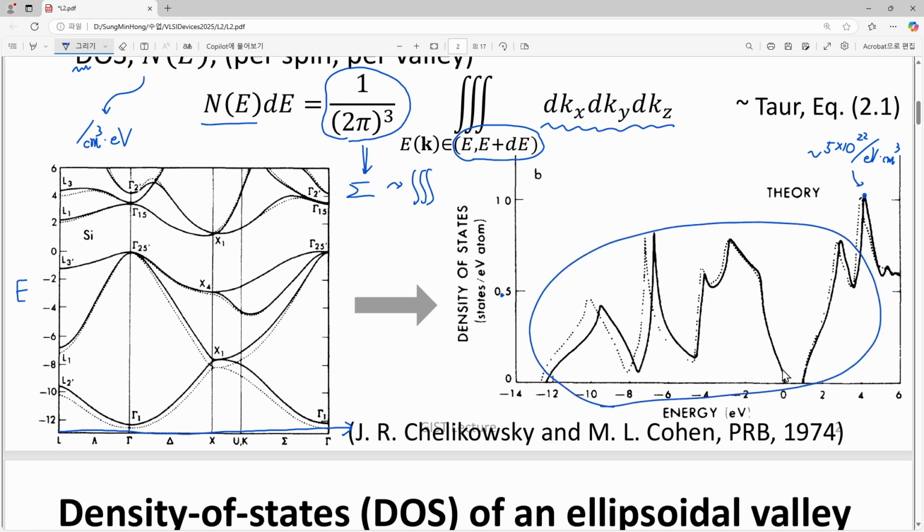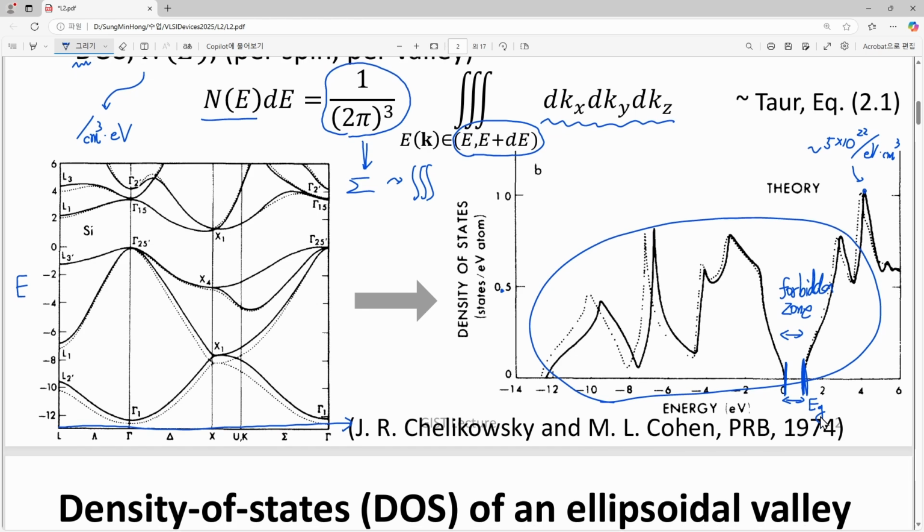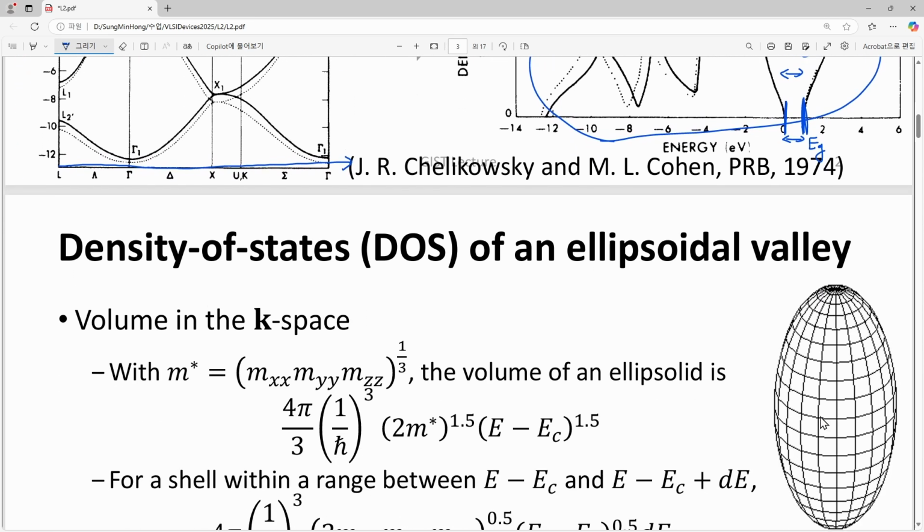Here you can see that there is a certain energy range where no electronic states are found, and this is actually the forbidden zone, and this difference is called the band gap energy. Typically in the case of our silicon material, it is about 1.1 eV.